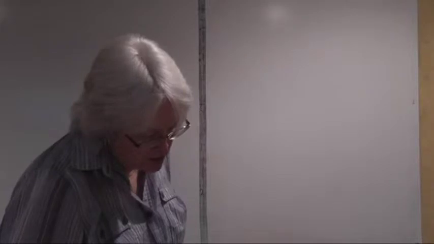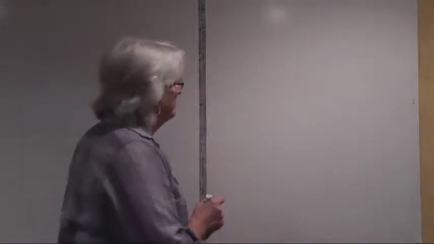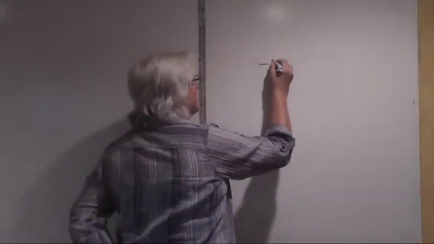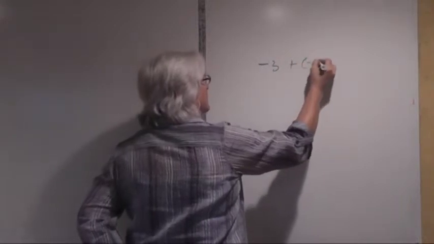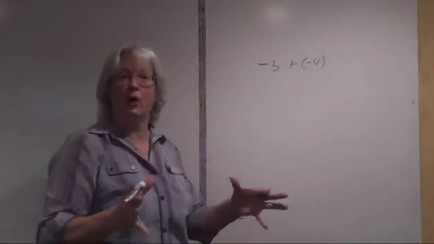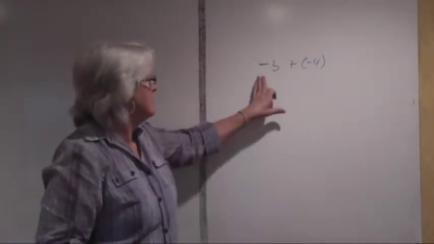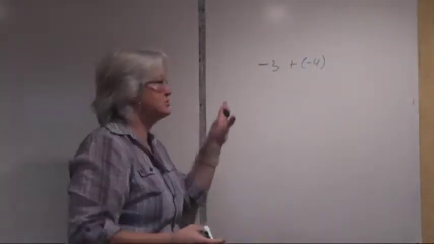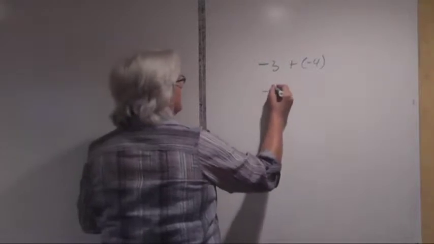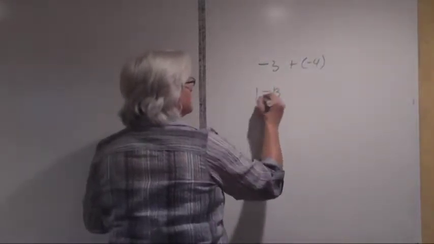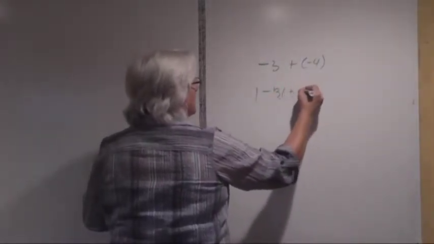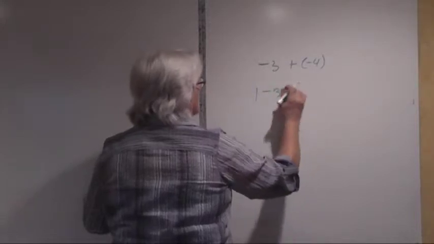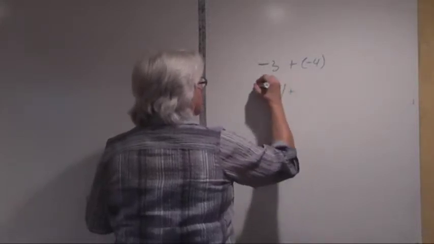Let me do this one right here: -3 plus -4. We're adding together integers. They have the same sign. When you add together integers with the same sign, you can add together their absolute values. You do not have to write this step once you understand what you're doing.